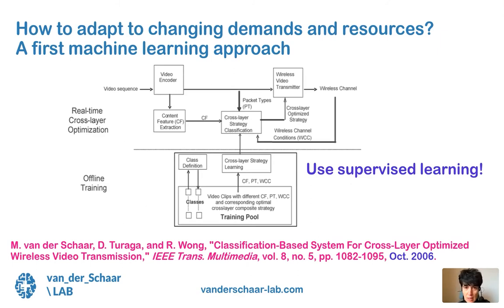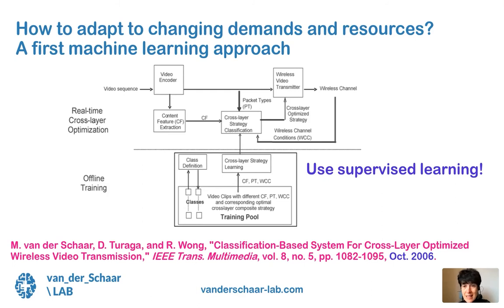So how did we turn an optimization problem into a machine learning problem? We know that depending on the input characteristics and the constraints, different types of cross-layer optimization solutions are going to emerge. So offline, at training time, we can solve multiple cross-layer optimization problems under different inputs and constraints and for different types of utilities.